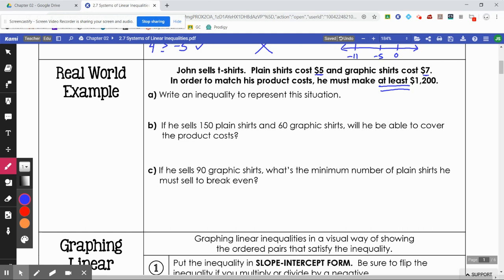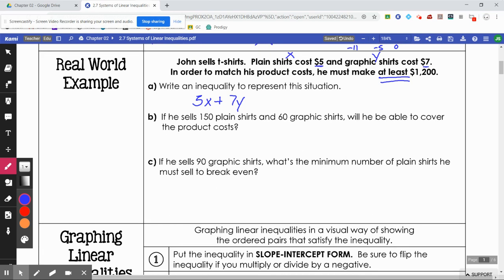So plain t-shirts cost $5. We're going to let x be the number of plain t-shirts. Graphic t-shirts will be our y. So he's making $5 for each plain t-shirt, plus he's making $7 for each graphic t-shirt. So 5x plus 7y tells you the amount of money he's going to make.